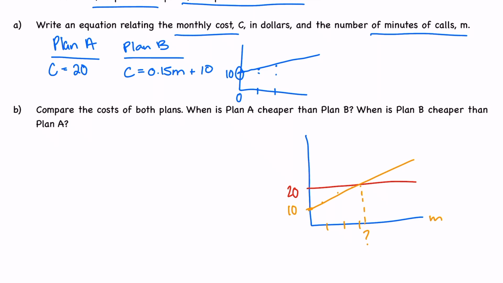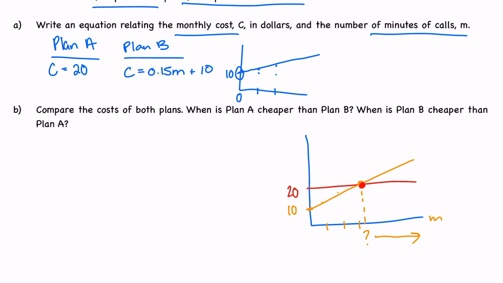So plan B will be equal to $20 as well per month. And then after this unknown value of minutes, plan B will actually be more than plan A, so it's above the red line. So what this tells us is that before they intersect, plan A is more expensive than plan B. And after they intersect, plan B is going to be more expensive than plan A.